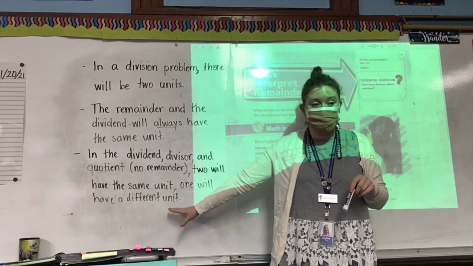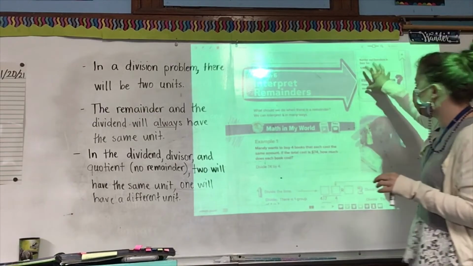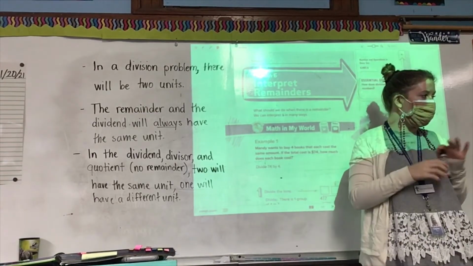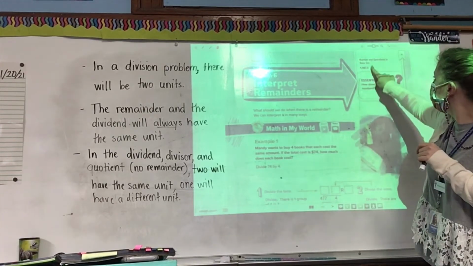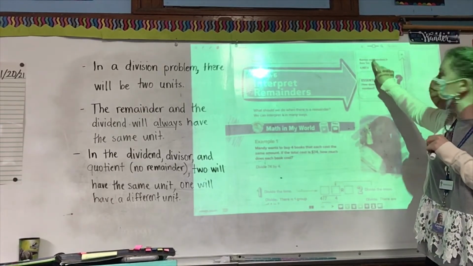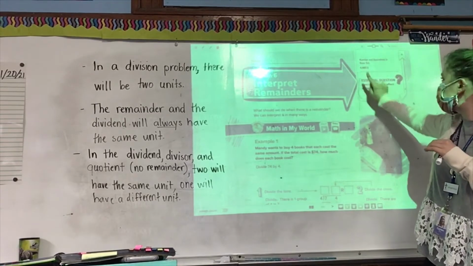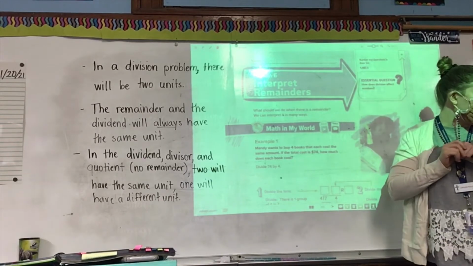Okay, so those are the notes. Make sure you have these written. Stick them up here in your book where they won't be covering up any important information, because we already know the name of the chapter. This is just the standard that it meets, and this is just the essential question. It's the same every time.